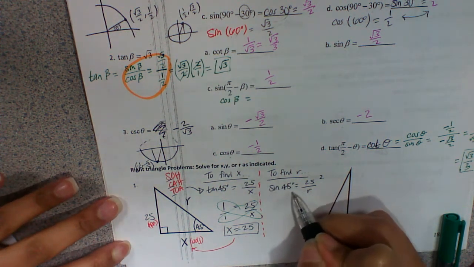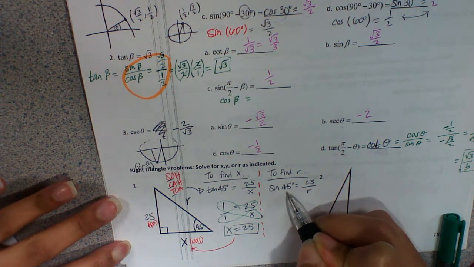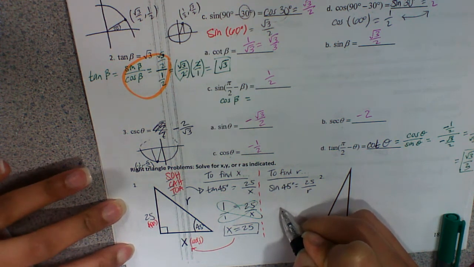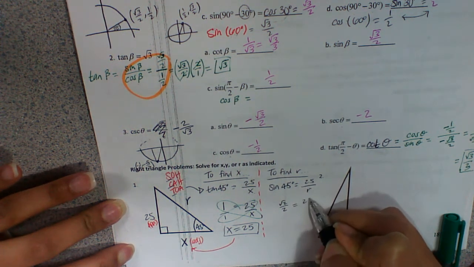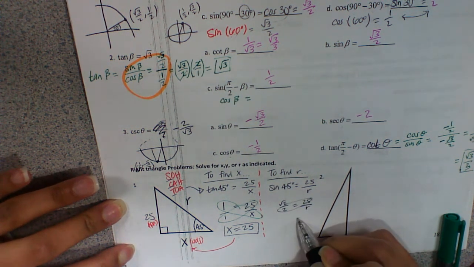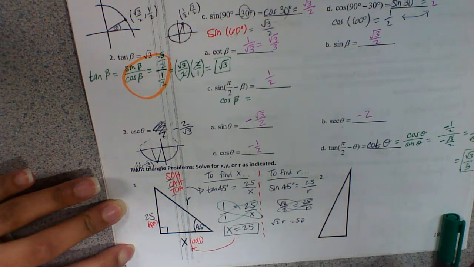So let me evaluate sine at 45 degrees. So at 45 degrees, what's your sine? What's your y value? It's root 2 over 2. Now all I have to do, again, set it equal to the right side and cross multiply to give you 50 equals square root of 2 times r.